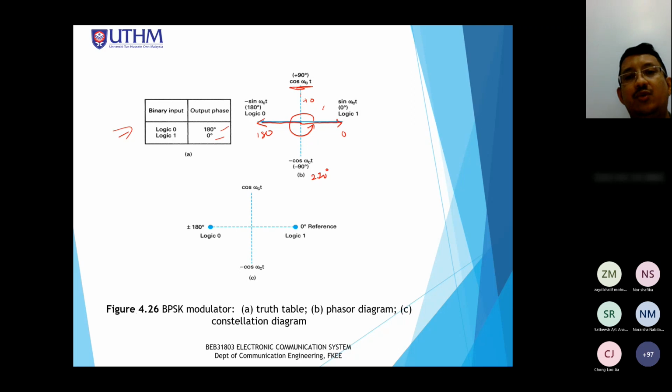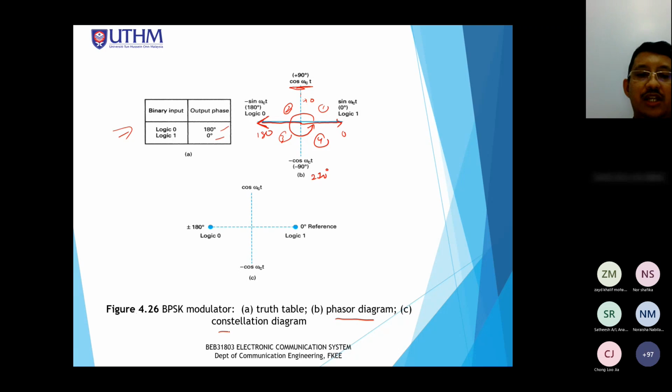So we have the first quadrant, second quadrant, third quadrant, and also the fourth quadrant. So the arrow diagram shows point to 180 degree and also point to 0 degree. So this is the phasor diagram or the arrow diagram.